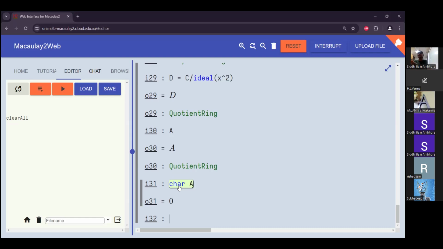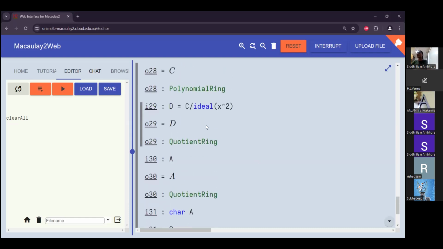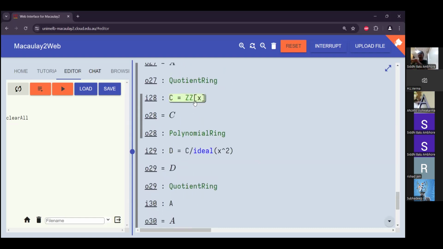Is it okay? So it clearly showed that the characteristic of this ring is 0. And now I use this ring A. I'm doing the calculations in A because I also defined this ring C with the same variable x, so we don't want to mix both the variables.